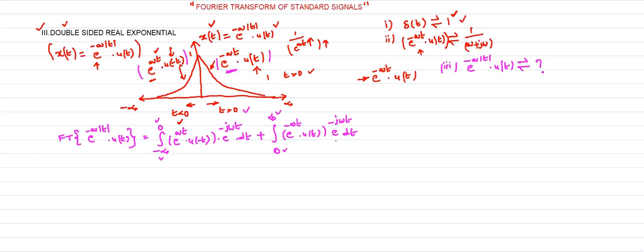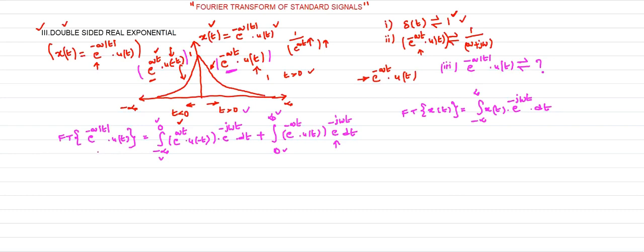The e power minus j omega t is already there in the formula. I just use this formula, the Fourier transform of any continuous time signal x of t: integral from minus infinity to plus infinity of x of t e power minus j omega t dt. This is your formula to find the Fourier transform of any continuous time signal.